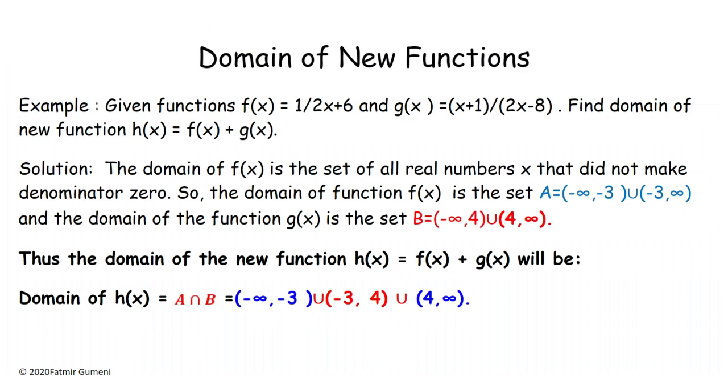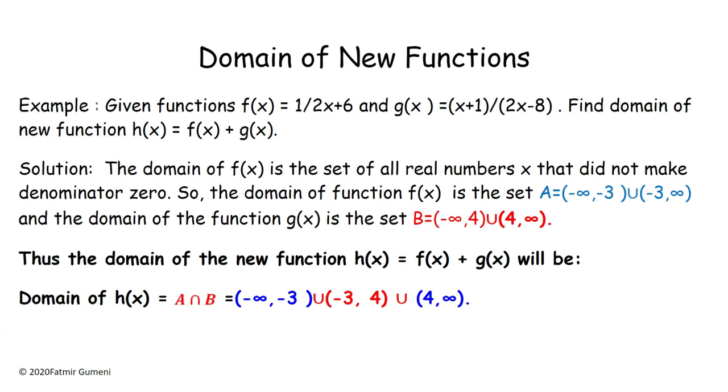Domain of the new function. Example, given function f of x equal 1 over 2x plus 6 and g of x equal 1 over 2x minus 8. Find domain of the new function h of x equal f of x plus g of x. Solution. The domain of f of x is the set of all real numbers x that do not make the denominator 0. So, the domain of function f of x is the set A equal to the interval negative infinity to negative 3, union, interval negative 3 to infinity.